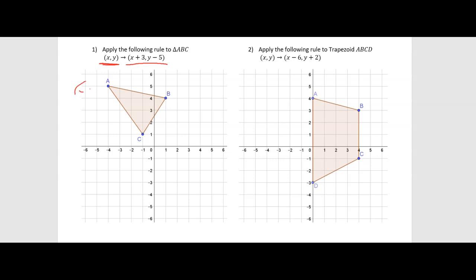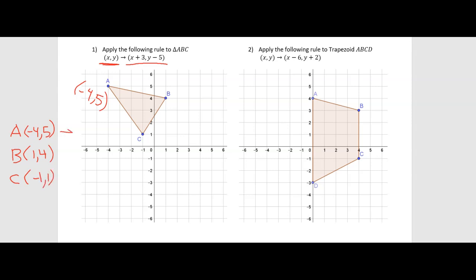So for A, we have (-4, 5), and something I like to do to keep everything organized is write out the coordinates right in a row, because if you have a lot, this can be helpful. B is at (1, 4), and C is at (-1, 1).